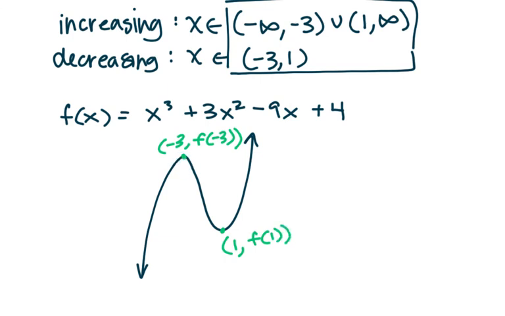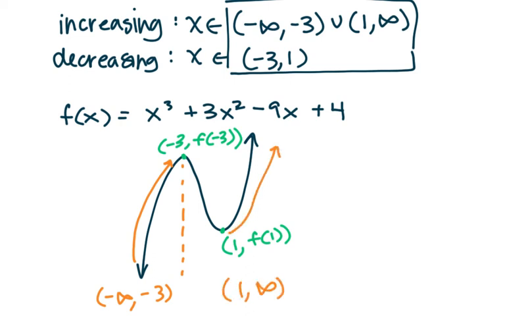And that's where the max and the min are occurring on the graph. You'll notice that the graph is increasing from -infinity to -3, and then we're also increasing from 1 to infinity. Between -3 and 1 is where our decreasing graph is showing up. So it should connect and make sense with what we're looking at on the paper.